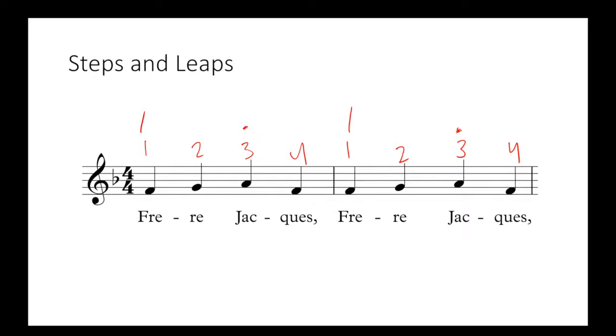So it's no coincidence that the way this is put together is with the strongest note of the melody down here on beat 1. Sort of the second most important is the top of that upwards movement. Then we're going to leap down in preparation to start that movement again. Going up to the top, then leaping back down on a weaker beat. So this is the metric organization of this tune.